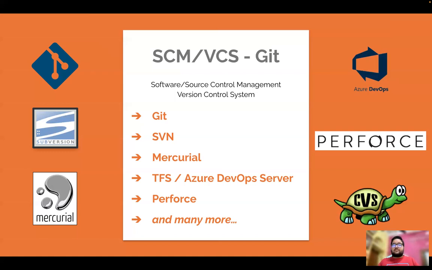And Perforce is mostly used by game development companies, where they usually deal with very large files, because Git, SVN, and Mercurial are not specifically good when dealing with binary files like documents, images, videos. If you want to version these kinds of files, Git and SVN are generally not preferable, because they're not that good at handling blob files.